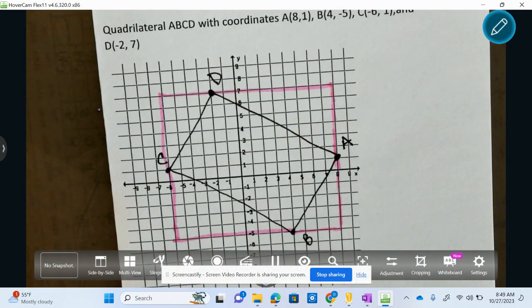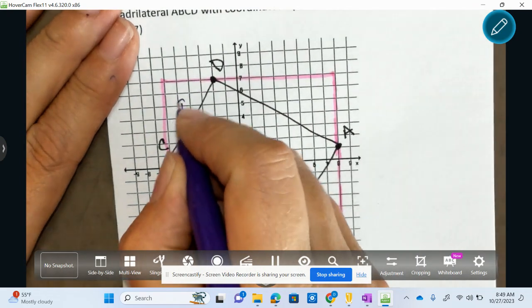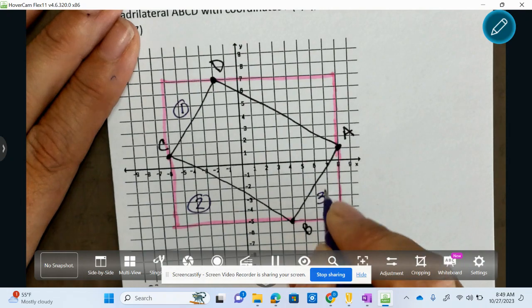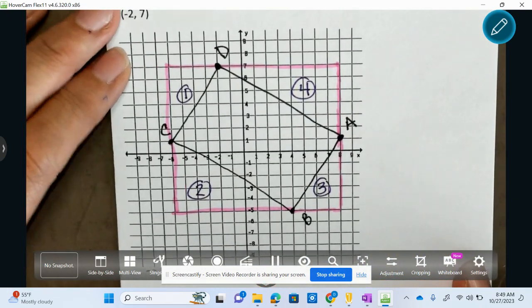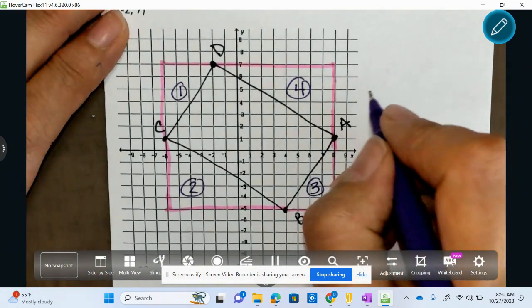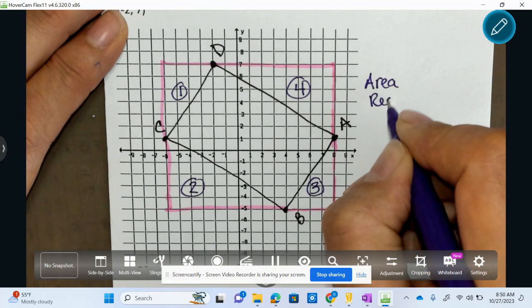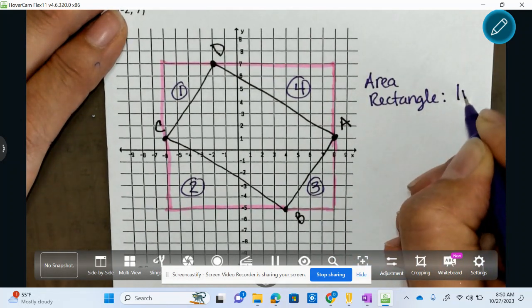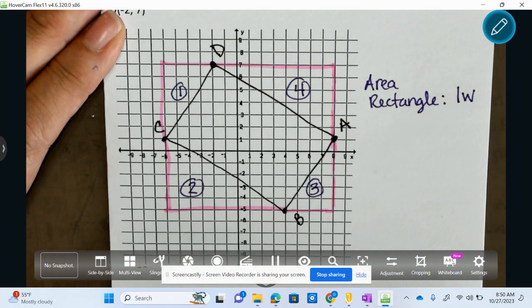Okay, so I put a pink box around it, and I'm going to label each one of my triangles: triangle 1, triangle 2, triangle 3, and triangle 4. So we're looking for the area. The first thing that I'm going to do is find the area of the rectangle, which is length times width. So what is the length of my rectangle and what is the width?